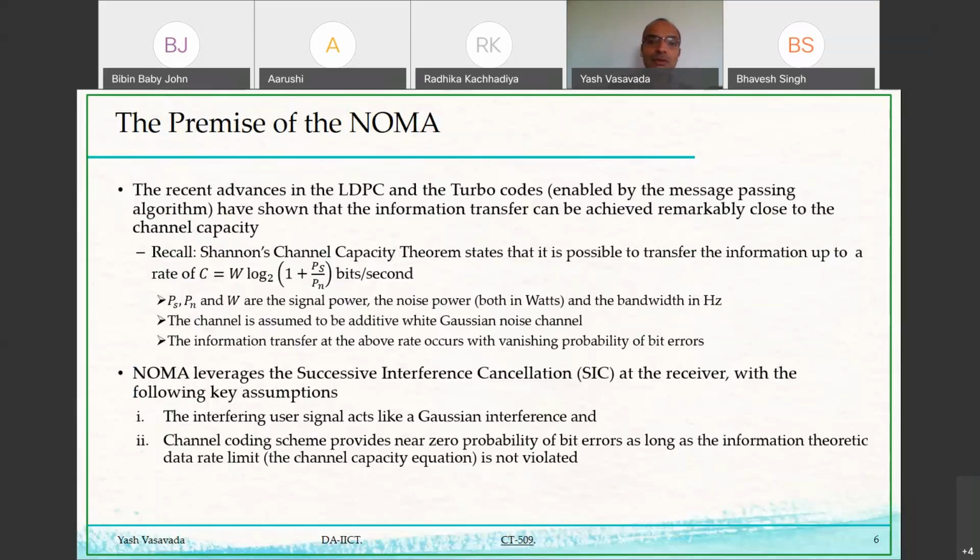In lab 4, you will find that SIC does not work well all the time. And most of the time it doesn't work well is because the earlier users themselves have decoding errors. And the reason they have decoding errors is because you are not using channel code.